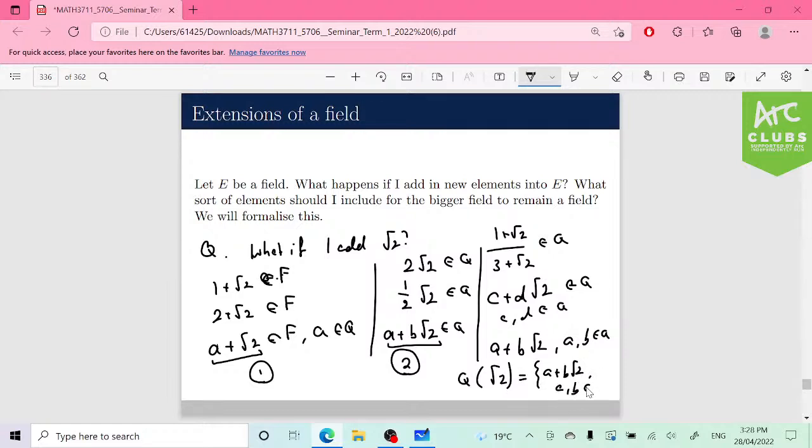And so thinking about it this way actually helps with the idea of an extension as well.